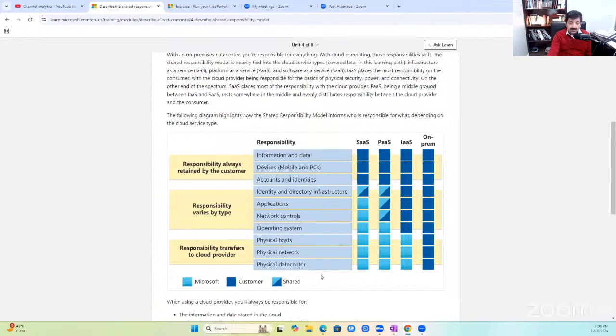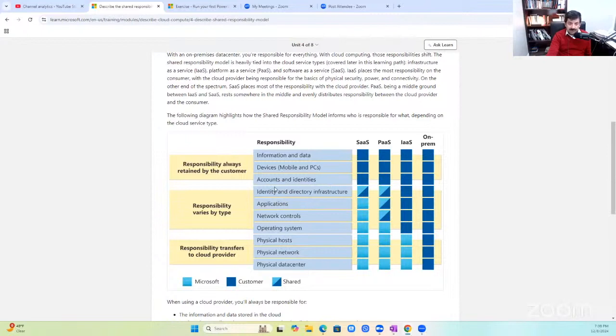When you have a whole IT infrastructure, you need to have databases. You need networks, physical networks. You need hosts. You need operating systems. You need network controls. You have applications which cater to different business needs. You need some kind of identity infrastructure to give access to all the people.